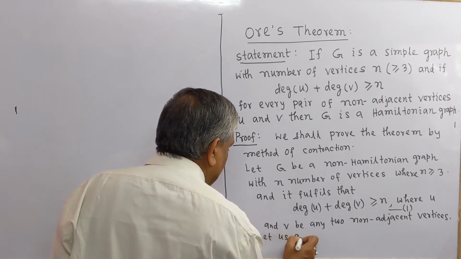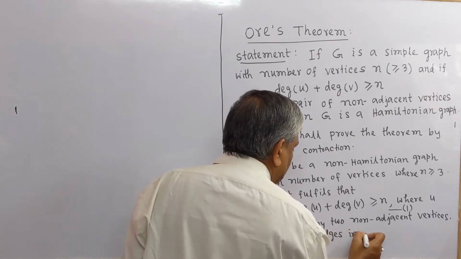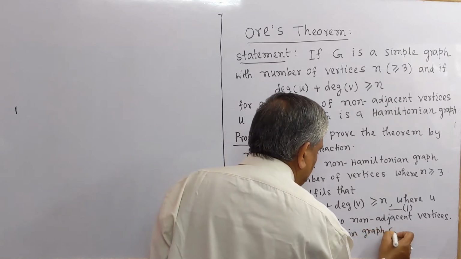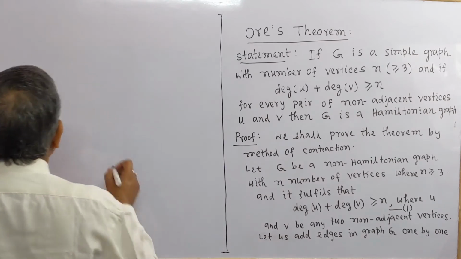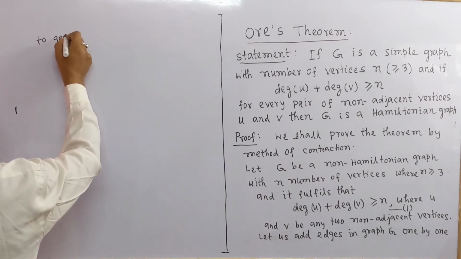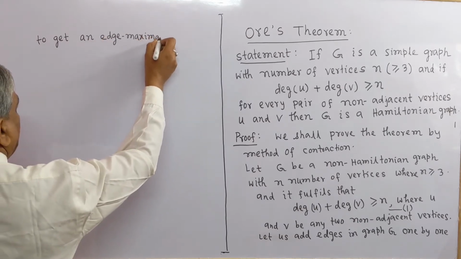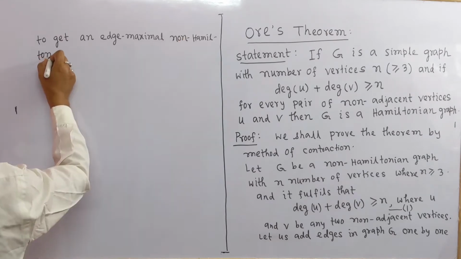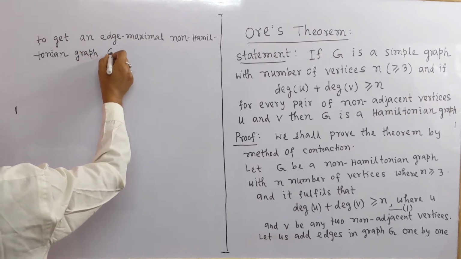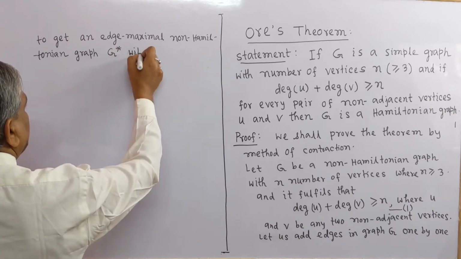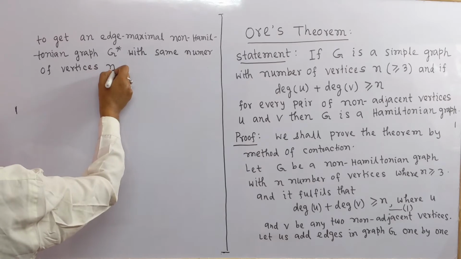Let us add edges in graph G one by one to get an edge maximal non-Hamiltonian graph G star with the same number of vertices n.